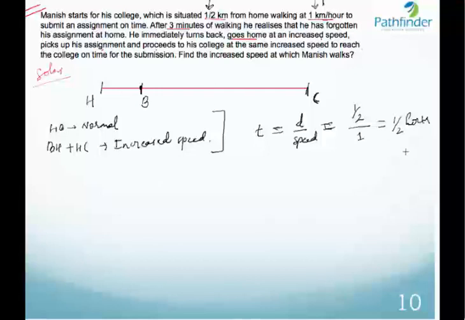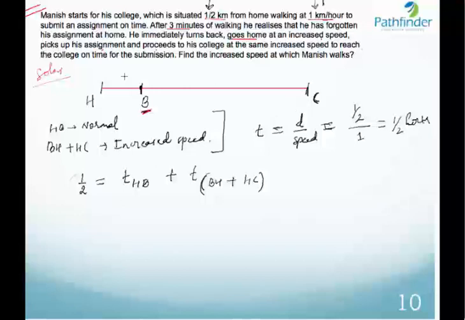And how has he spent this half an hour? He has spent this half an hour: 3 minutes in walking to B, that is the time required to travel to B, plus the time required to travel from B to H and H to C. These are the only two segments, as you noticed, because once he increases his speed at this point B, he does not reduce it till he reaches his college.